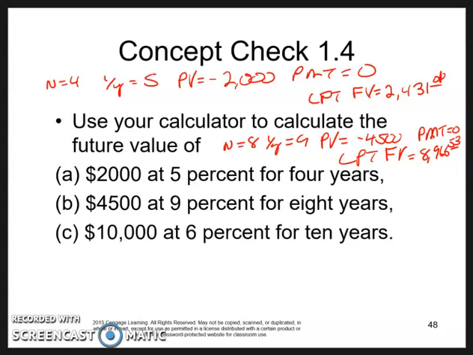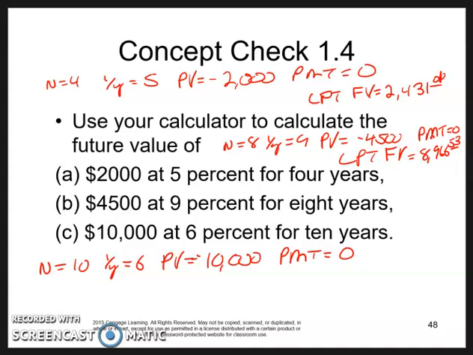Then $10,000 at 6% for 10 years. N is 10, IY is 6, PV is the 10,000. In these calculations the sign is not as important as in some of the ones we'll do in the future, but if you enter this as a positive, the answer you'll get is a negative.